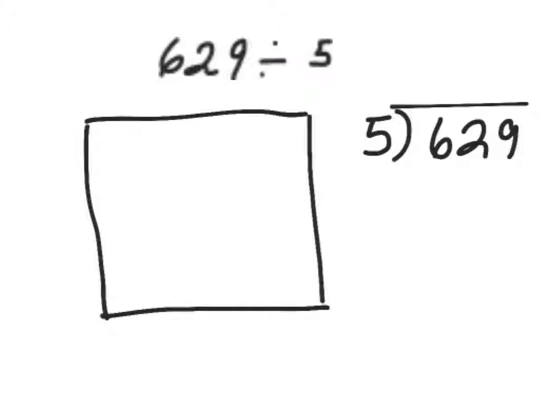I look at each value in 629 and I place it along the top. For each place value, I make my column.